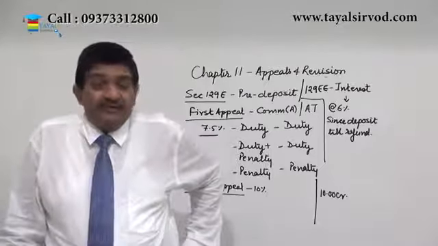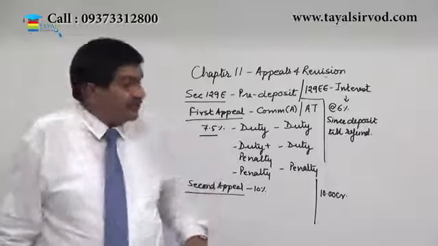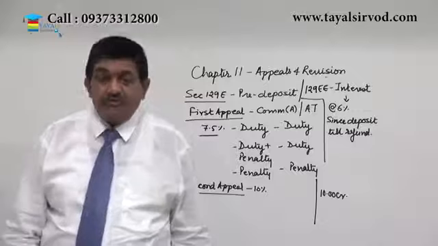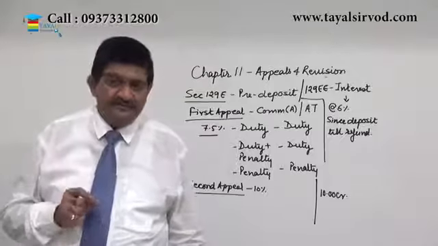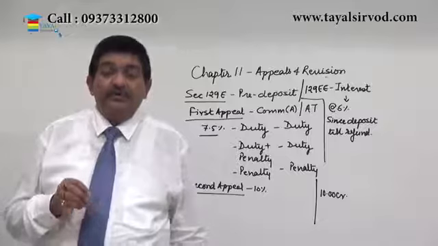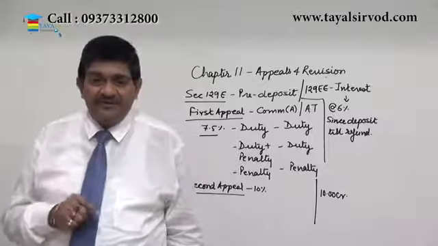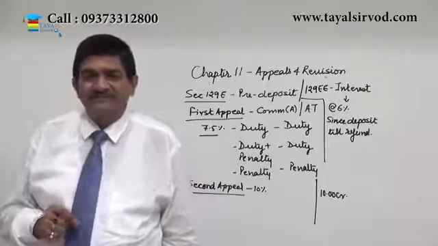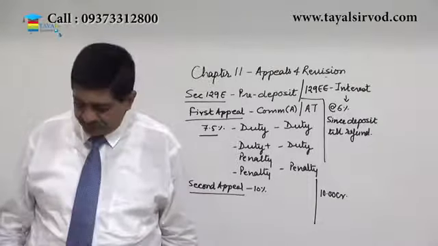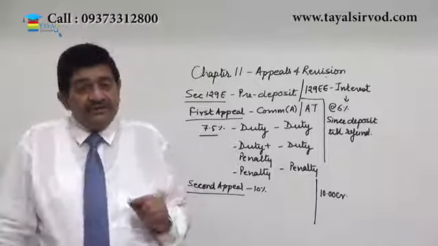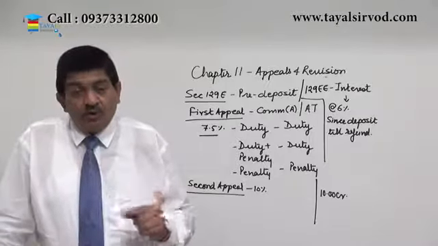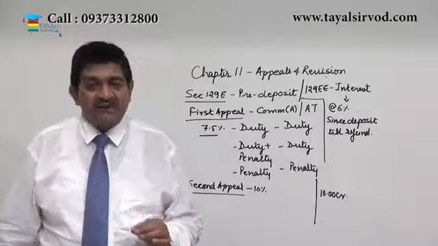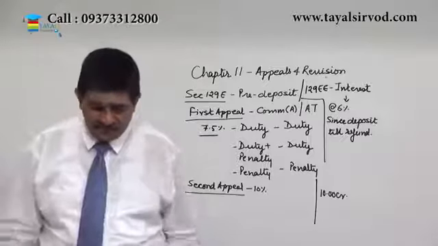Interest is always payable whenever there is a delay, but there is no pre-deposit on the amount of interest, right? So before an appeal is filed, or even before a person thinks of filing the appeal, he has to be ready for making this pre-deposit, right? Because neither Commissioner Appeals nor the appellate tribunal have the right to accept an appeal unless the pre-deposit has been done, right?